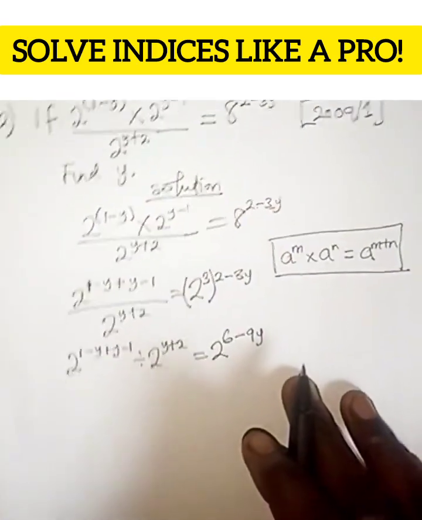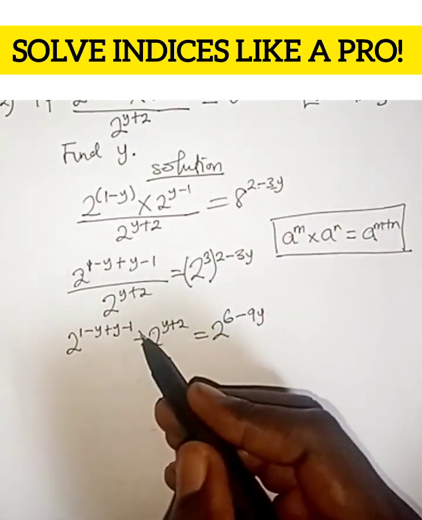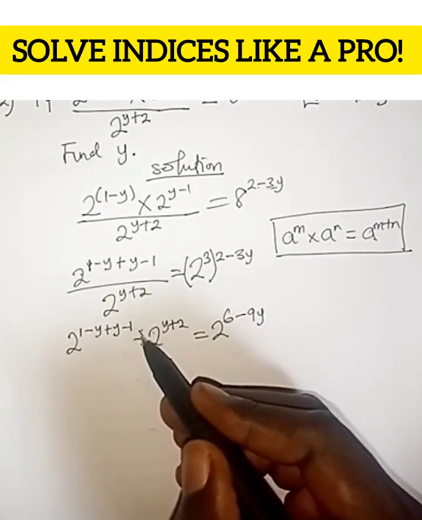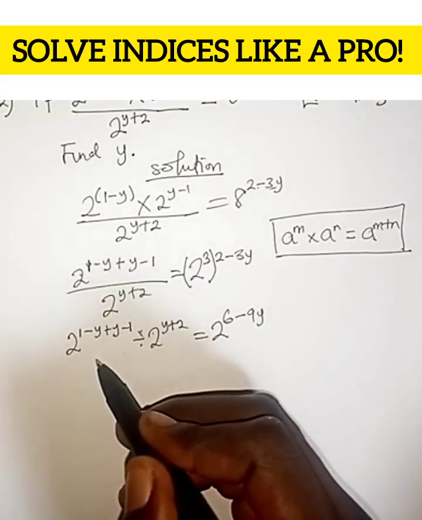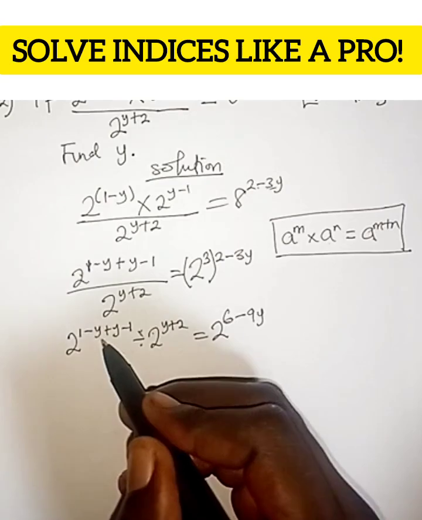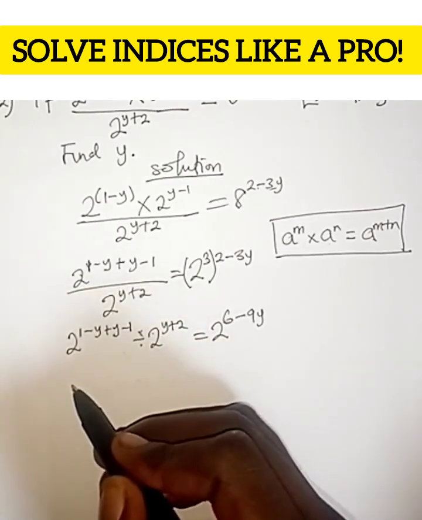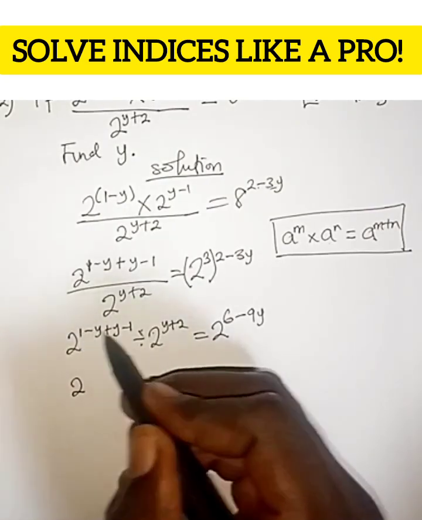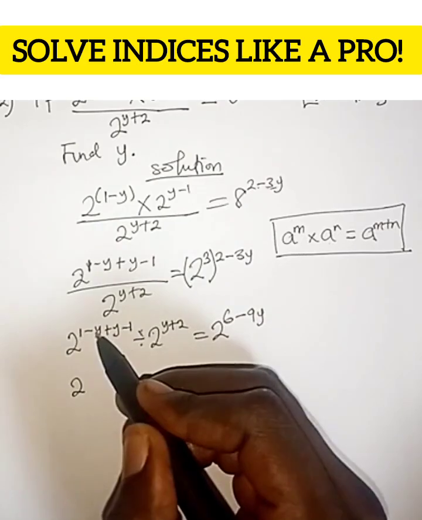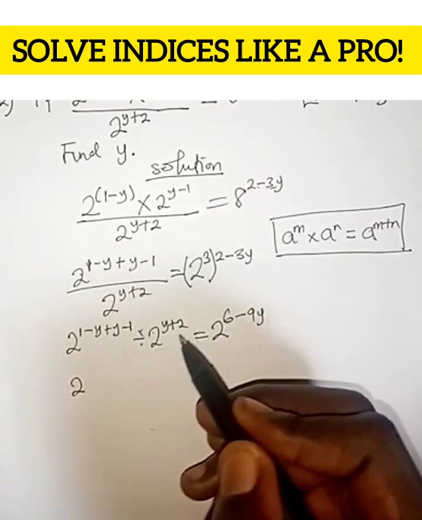So if you further solve this, when you have the same base and it's division, you subtract the power. So this will be 2 raised to power 1 minus 1, which is 0. This minus y plus y will also be 0.